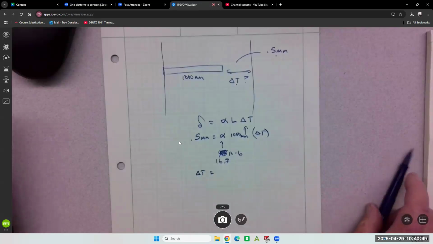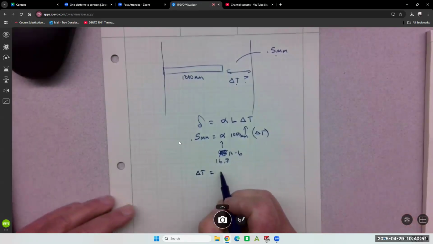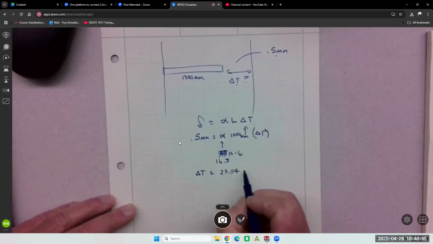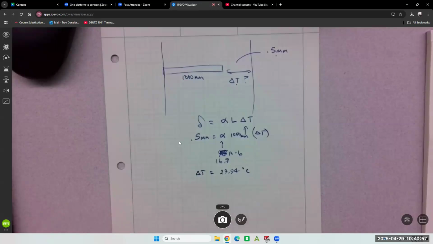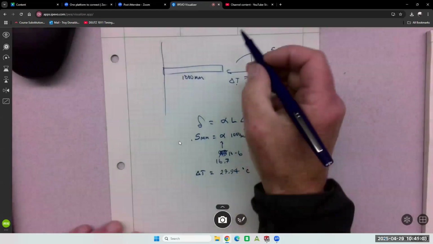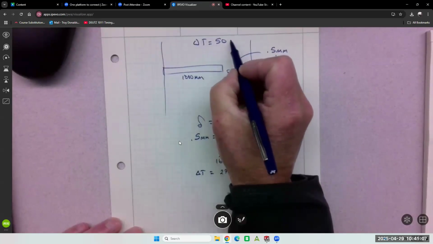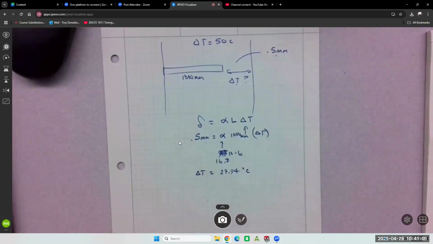I get 29.94 degrees C. And the total temperature change was 50 degrees C. Right?